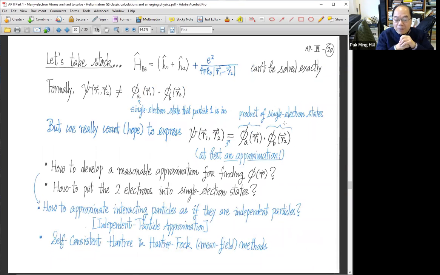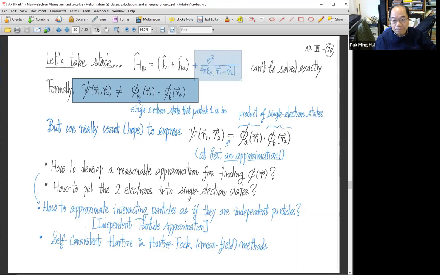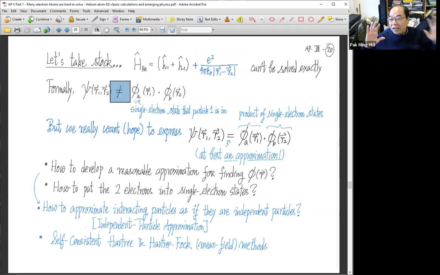So let's take stock before we start doing approximations. This is the problem we are looking at. At this point, we are doing something very humble, ground state energy, ground state only. In principle, we cannot do that due to the presence of this term, strictly speaking.